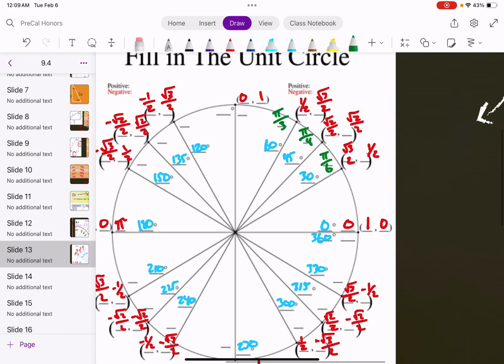Our 90 degrees would be pi over 2. Now, as we start rotating around the circle, we're going to end up with 2 pi over 3, 3 pi over 4, and 5 pi over 6.